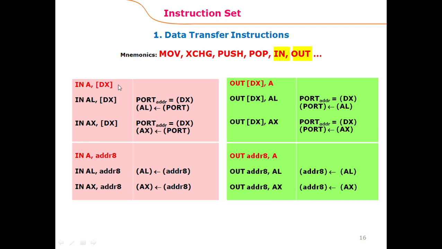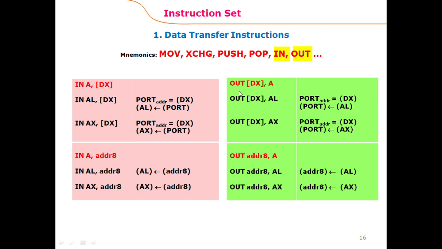So just to summarize, the IN instruction reads data from the input port, and the data can be 8-bit or it can be 16-bit. The port address can be indirectly provided through a register, or it can directly be provided as part of the instruction.